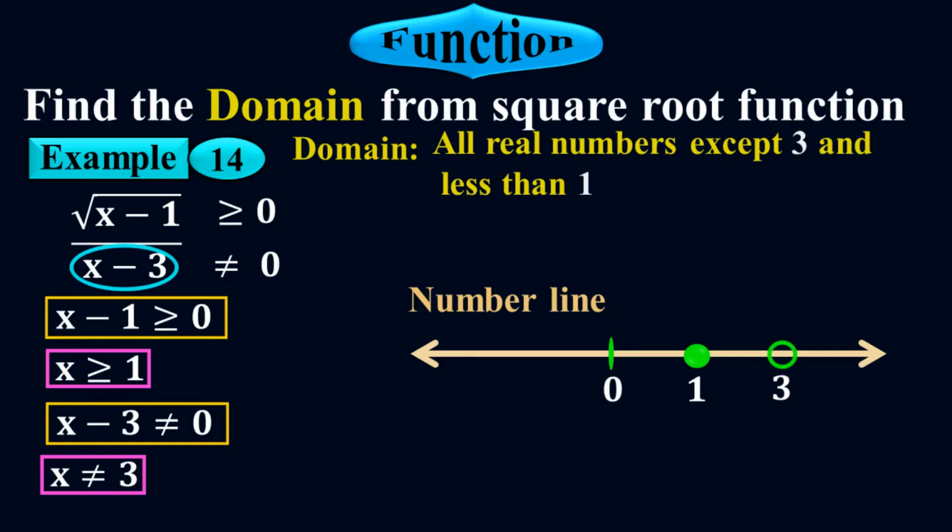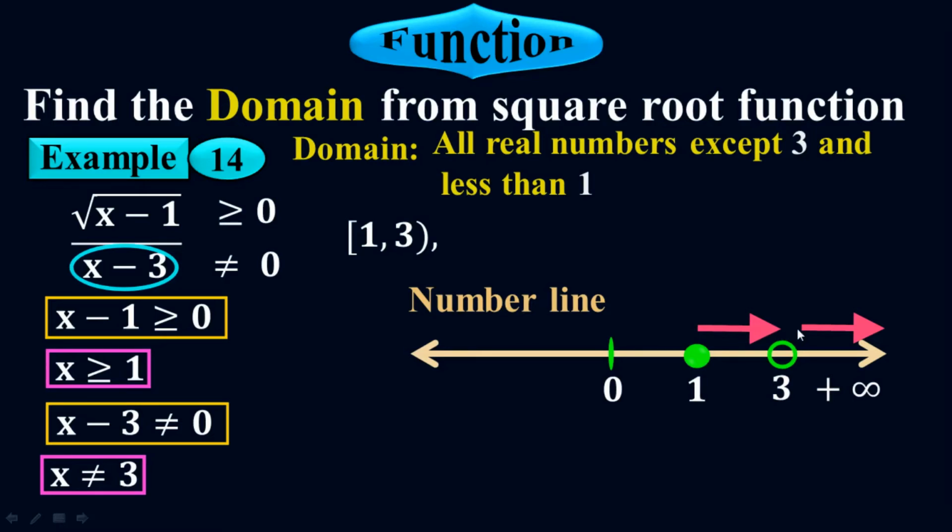But what if I write the domain in interval notation? I can get it from the number line according to the first condition. x must be greater than or equal to 1, so I will go in the right direction up to positive infinity. And this will be my first ordered pair. But when you look at the second condition, I'm leaving the 3 and will go ahead up to positive infinity.